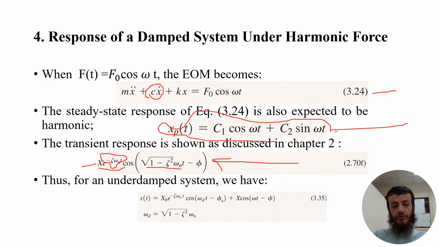We just add the particular solution to the homogeneous solution, or the steady state response to the transient response, and we will get the general solution just like this. Here we wrote omega d, which is equal to the square root of 1 minus zeta squared times the natural frequency.